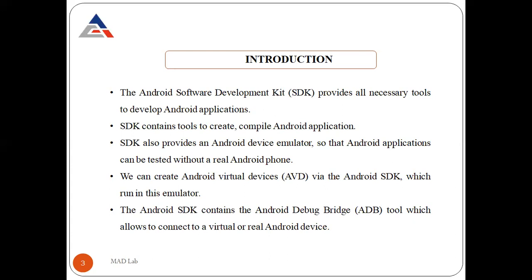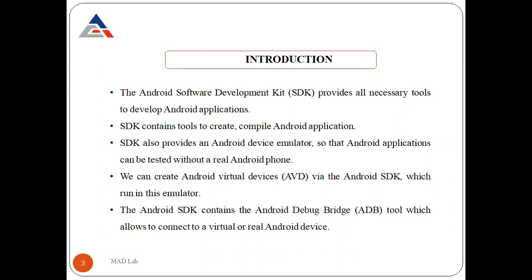Android Software Development Kit provides all necessary tools to develop the Android application. So the software development kit is an inbuilt tool of the Android system. Whenever we install Android Studio on our computer, it always asks if you want to install the software development kit as well as the virtual device.